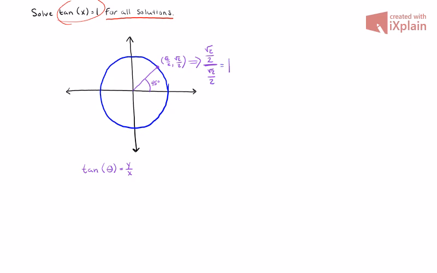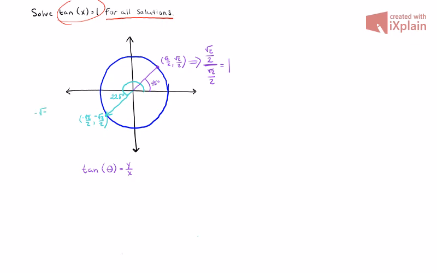You could also argue, yes, I agree with this, but then we can also note that if I go over here and do 225 degrees, we would land at the point of negative root 2 over 2, negative root 2 over 2, if we looked at that coordinate point.